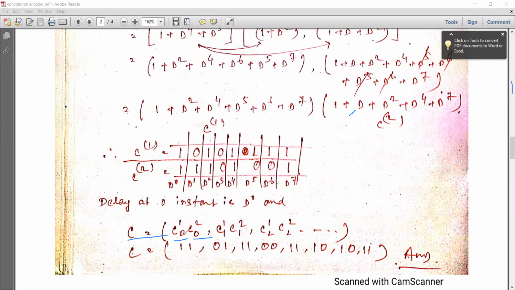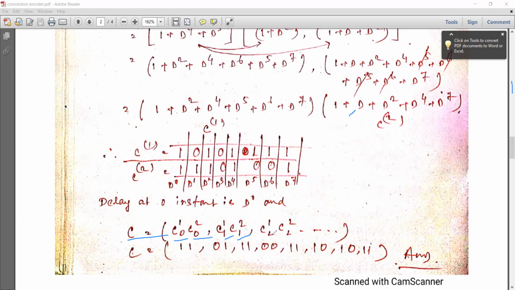The suffix 0 represents the 0 instant. At the 0 instant, the value of C1 and the value of C2 will be side by side, then a comma. Then C1 and C2 with suffix 1, where the suffix 1 represents instant 1. That means at j equals 1, at instant 1, the value of C1 and C2.